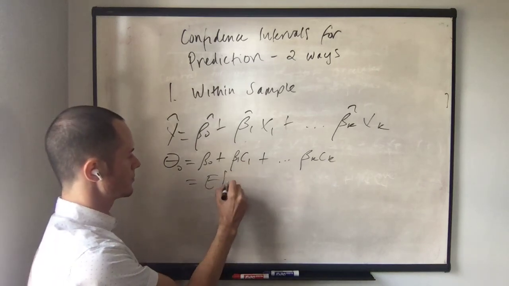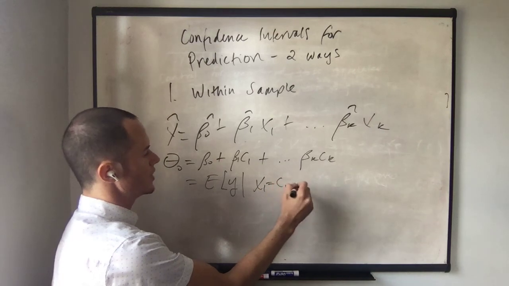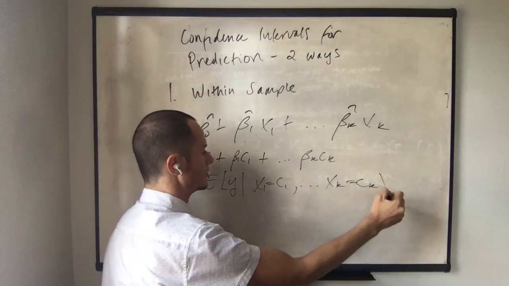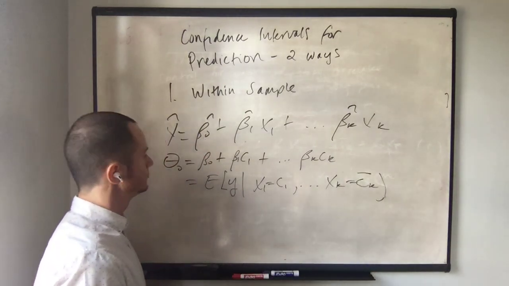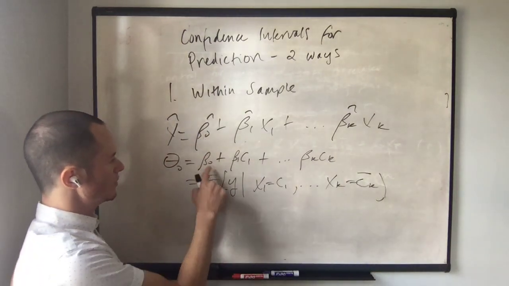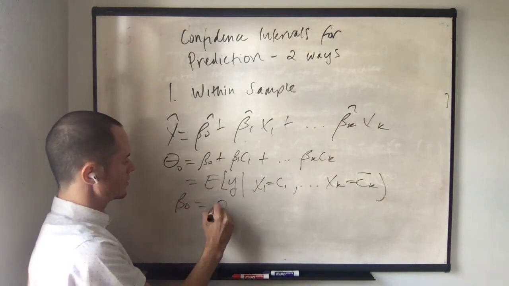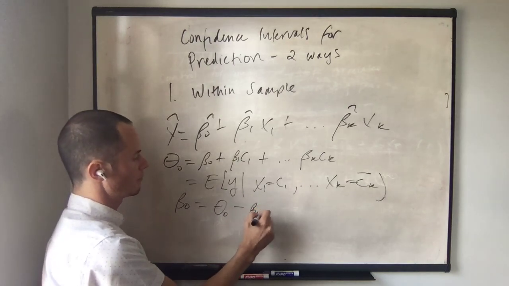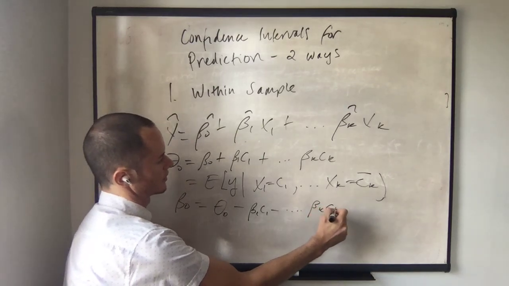This is equal to the expected value of y for x1 equals c1, xk equals ck. Great. Then we can rewrite this in terms of beta naught, so that beta naught is equal to theta naught minus beta 1 c1 minus beta k ck.